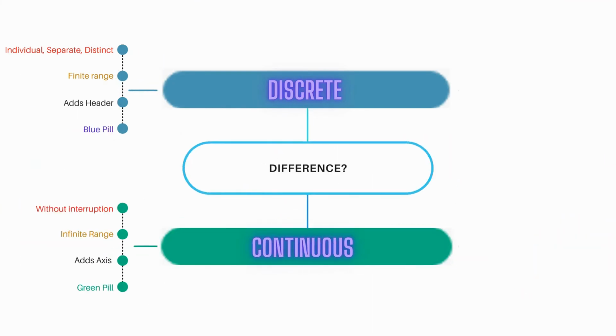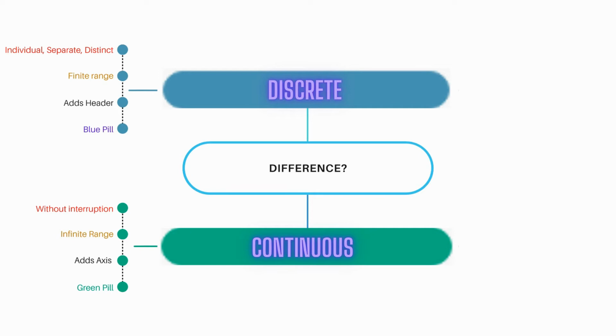This slide will explain better the difference between discrete and continuous. Discrete, as I told you, first characteristic is individual, separate and distinct. It has a limit, a finite range. It adds a header to the view and is represented with a blue pill. Whereas continuous, first thing is without interruption.